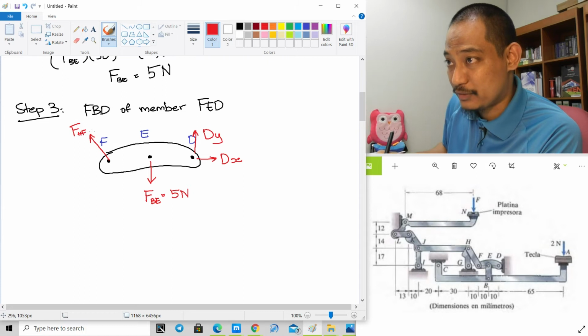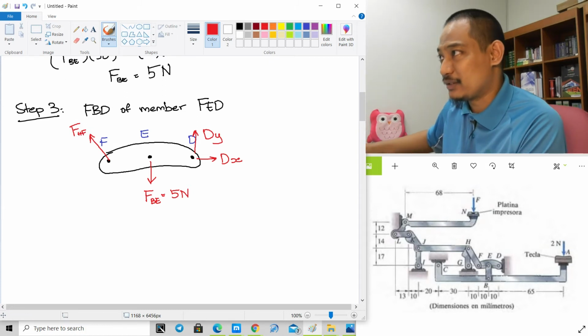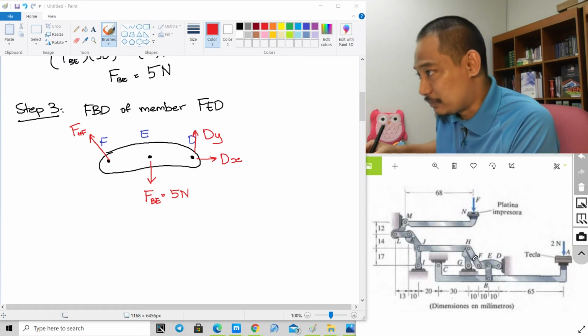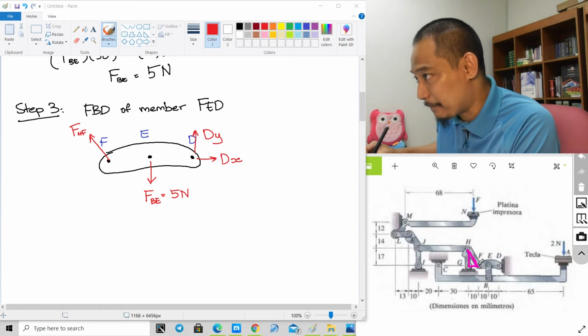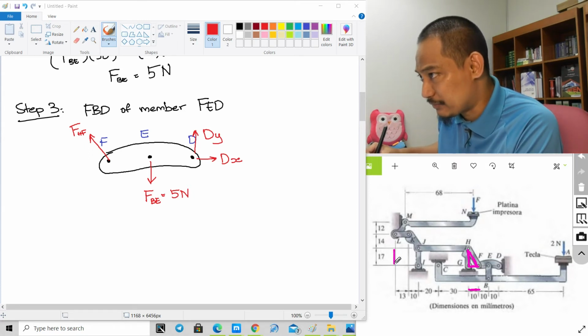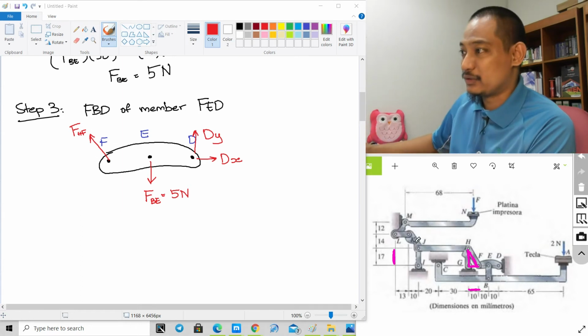The angle will be interesting here. If you consider this triangle, the base is 10 here, and the height is 17 here.